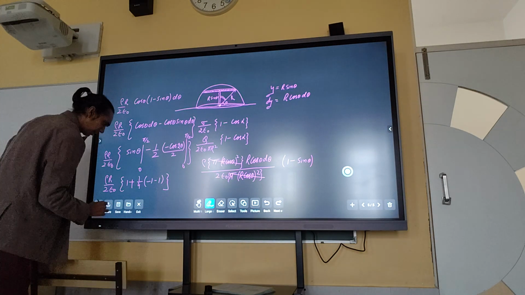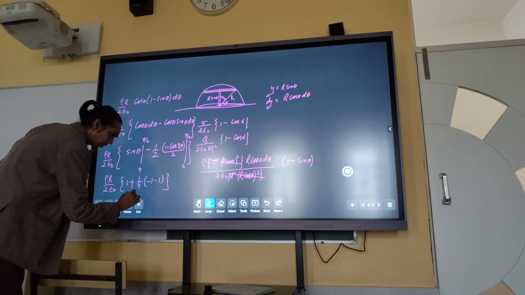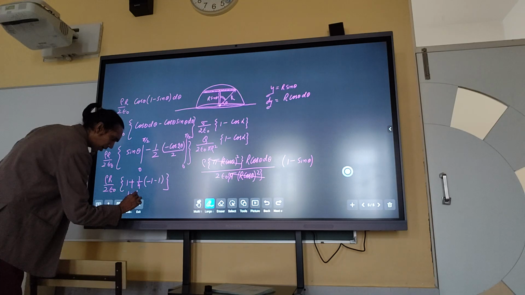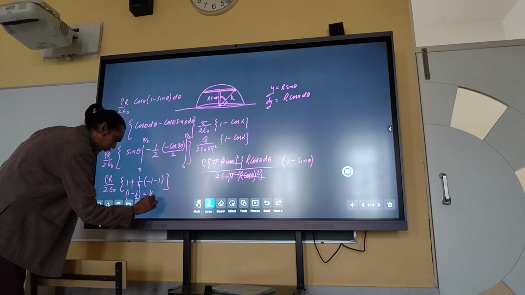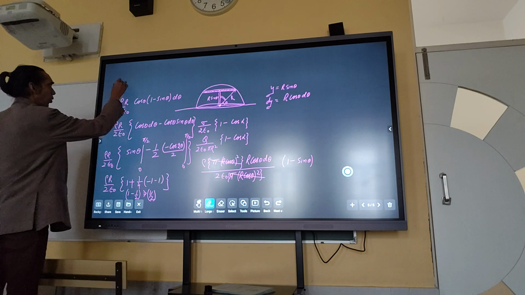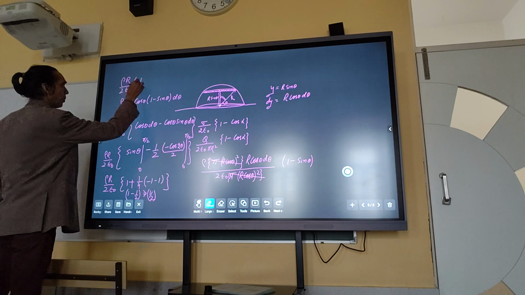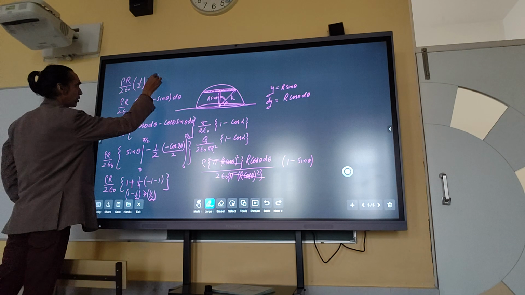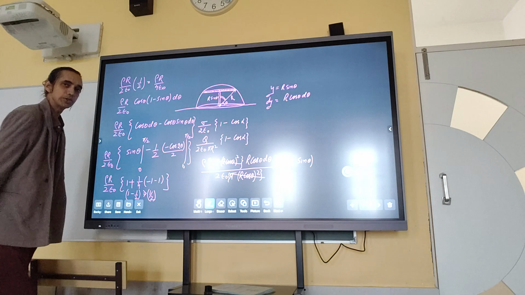What are we left with then? 1 minus 1 plus 1, so 1 by 2 is what we are getting over here. Placing rho r by 2 epsilon naught into 1 by 2, we get rho r by 4 epsilon naught. This is what we will be getting.